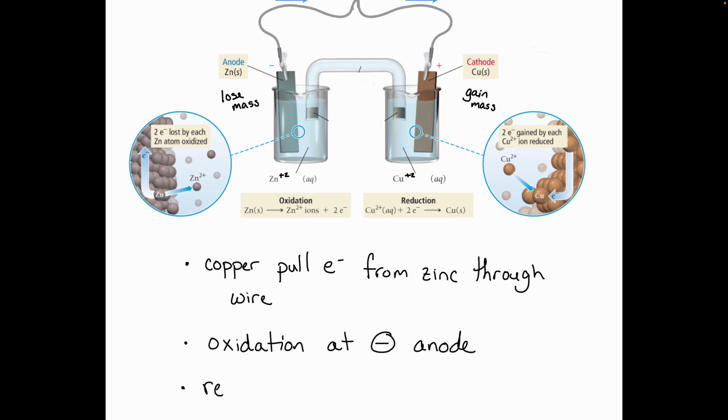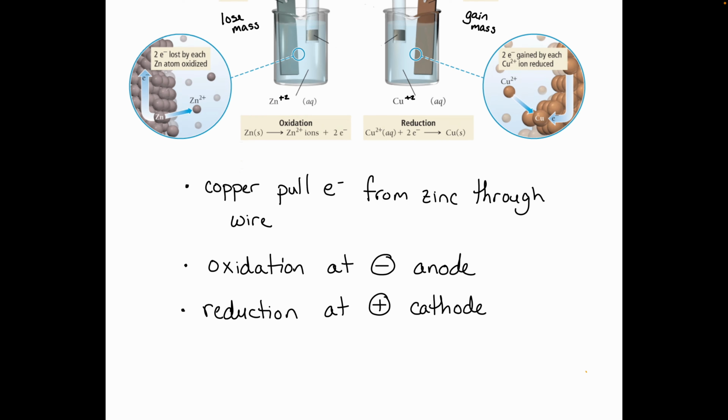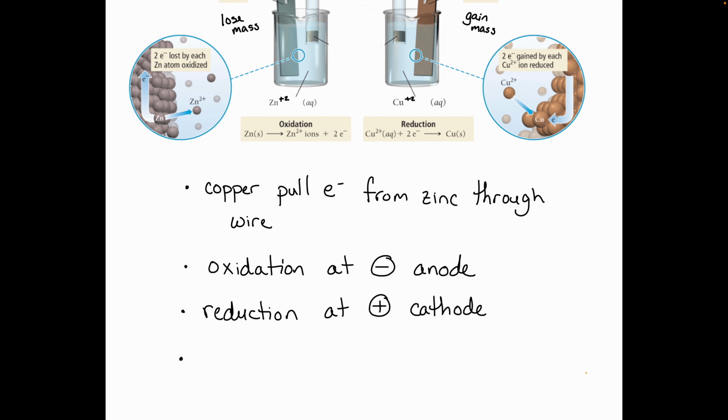And our other half reaction, the reduction, at that positive cathode. All right, and so our electrons will flow from anode to cathode.